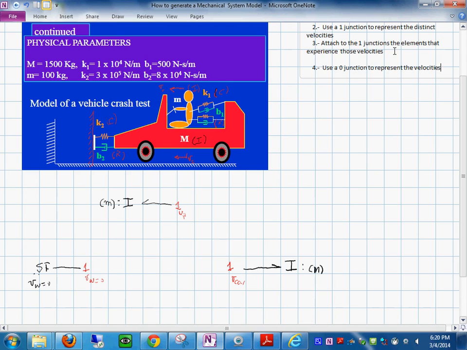Or you could say safely, use relative velocities between the elements.